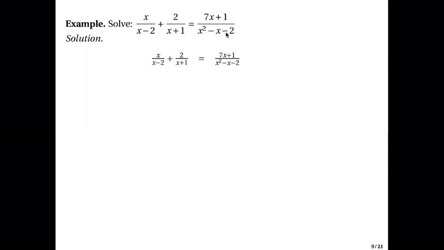So this guy here, you can factor this into x minus 2 times x plus 1. So x minus 2 times x plus 1. This is equal to x squared minus x minus 2. Correct?